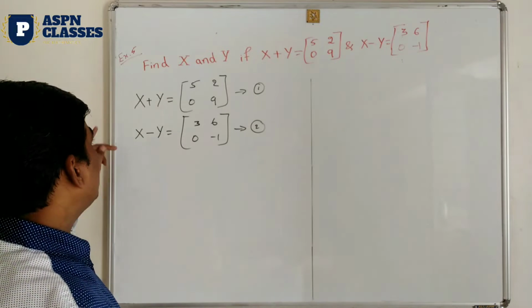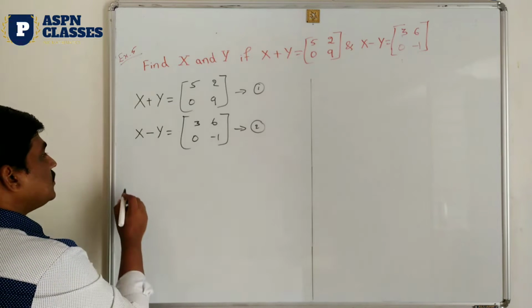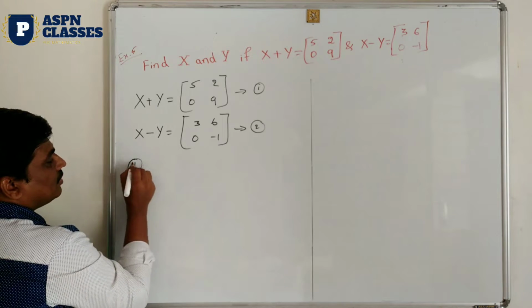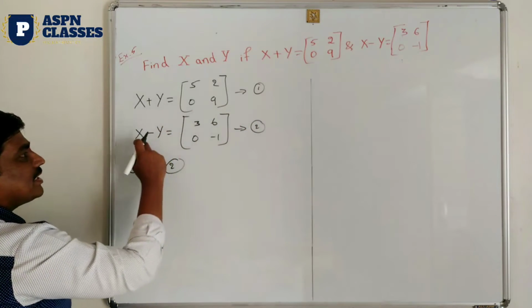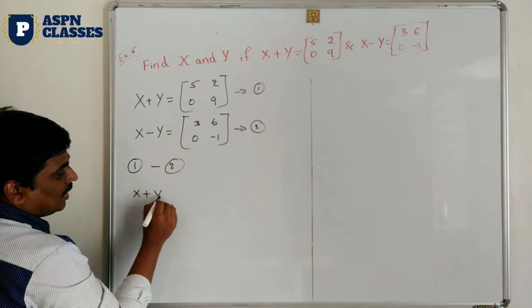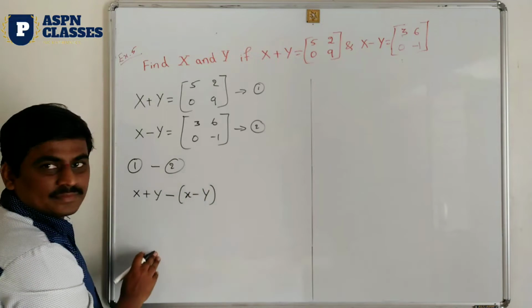Then how to find out? Usually you can subtract these two results. Equation 1 minus equation 2. It means LHS result first you have to subtract. What is the answer? x plus y minus of x minus y. Correct?